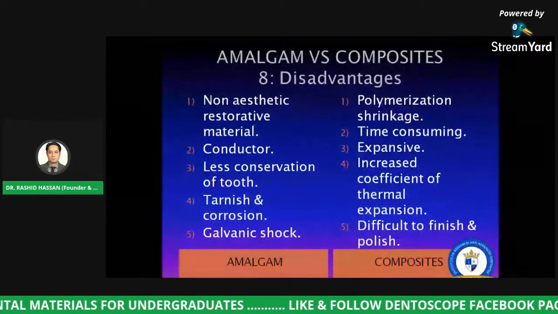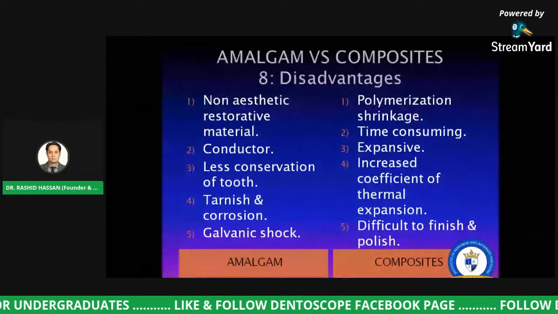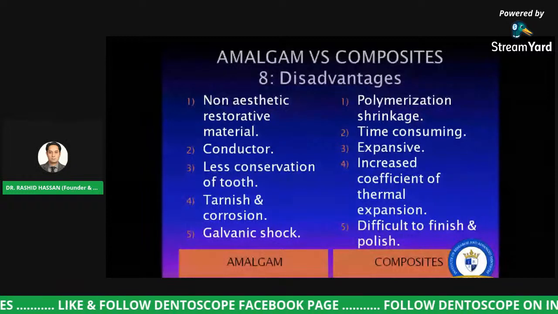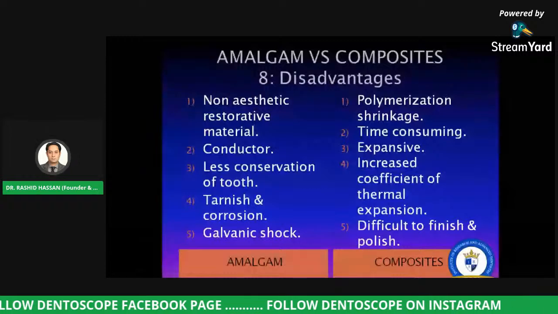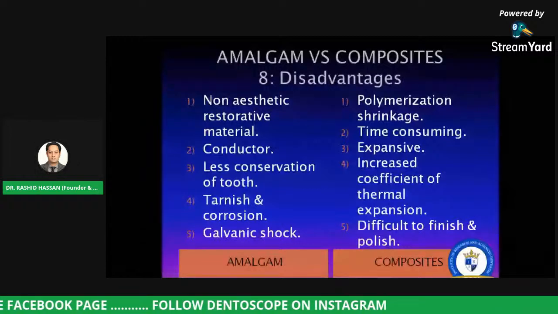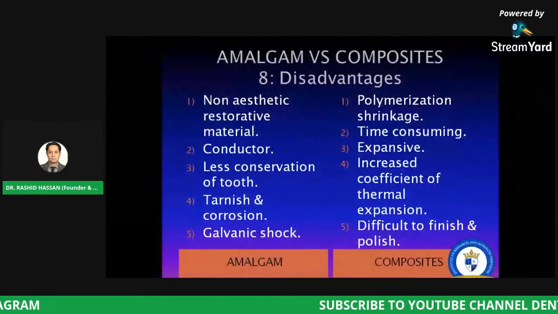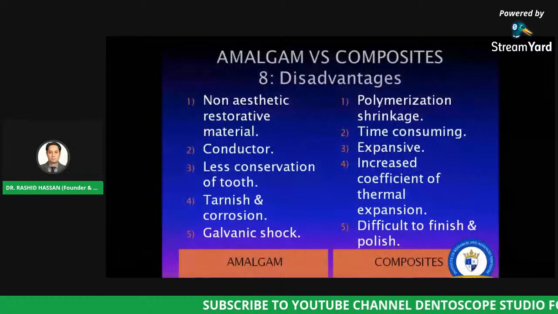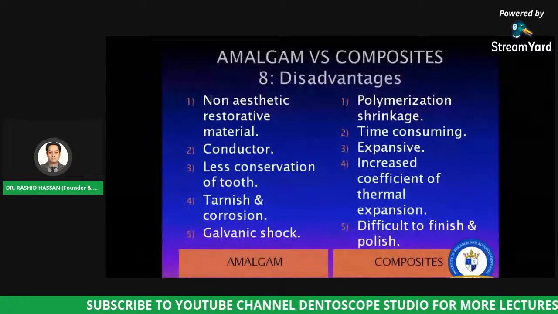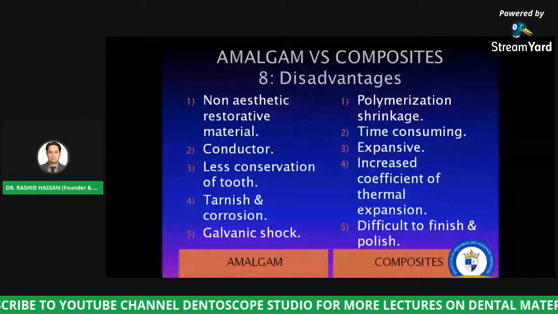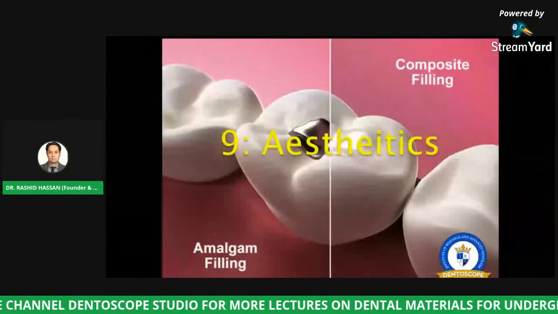In the case of dental amalgam, not much finishing equipment is required, and it is not at all difficult to finish. You can do the burnishing and use the finishing burr to finish, or a polishing disc to polish the dental amalgam. So these are the disadvantages, the comparison of the disadvantages of dental amalgam and dental composite.